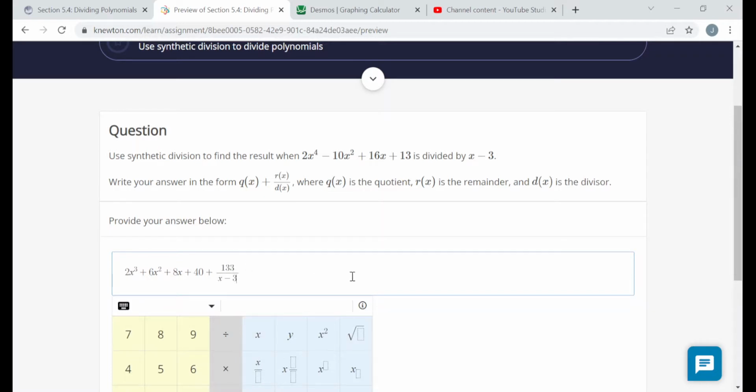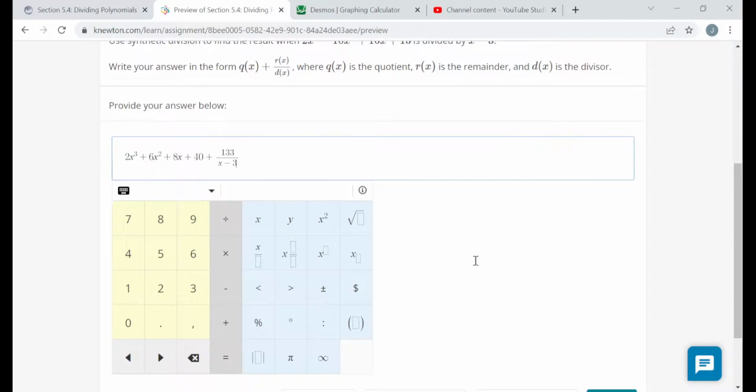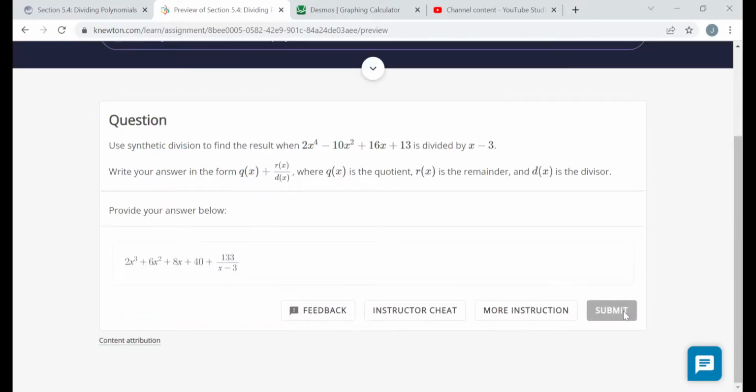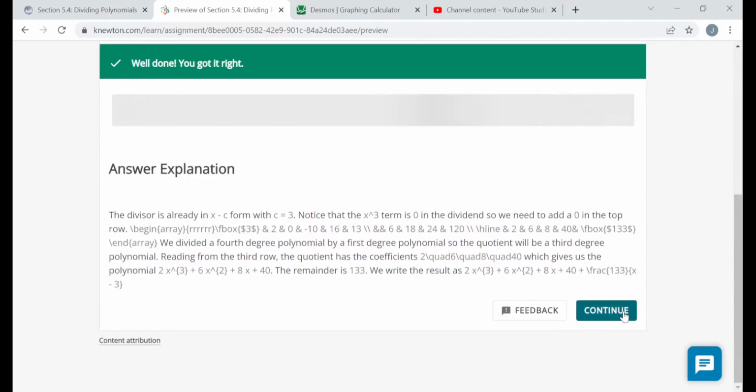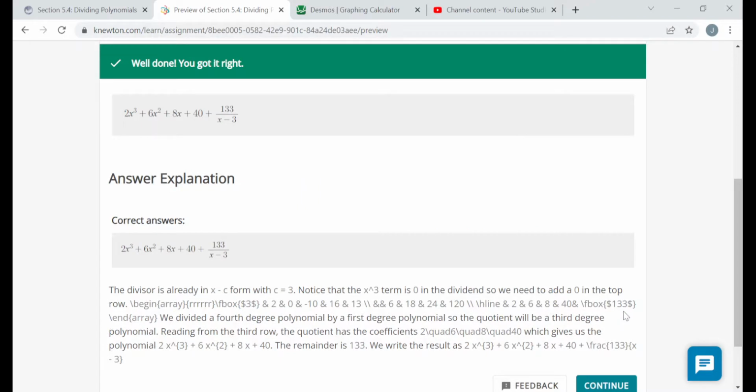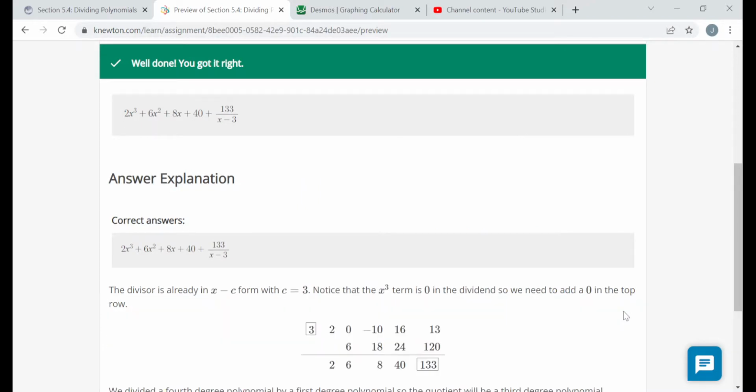There's the result of dividing these two polynomials. And again, if you want to check, take the quotient, multiply by the divisor, and then add the remainder, and you should get the dividend back.